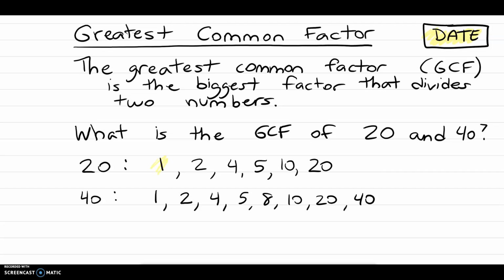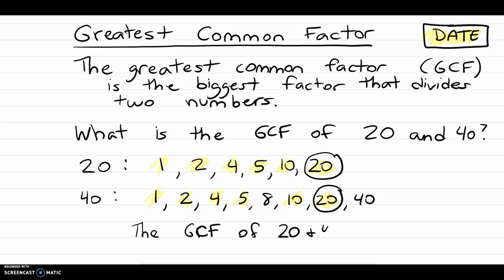They have 1, 2, 4, 5, 10, and 20. But the largest common factor they have in common is 20. So the GCF of 20 and 40 is the number 20.